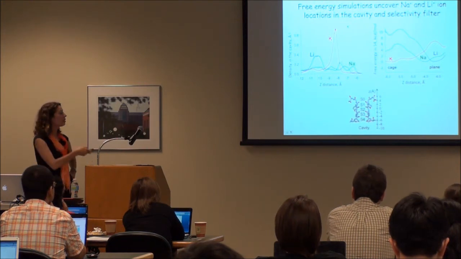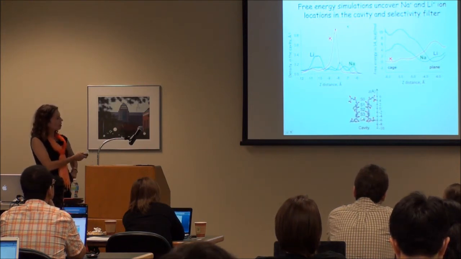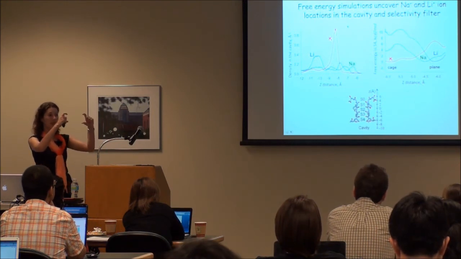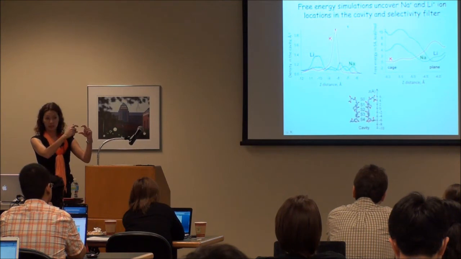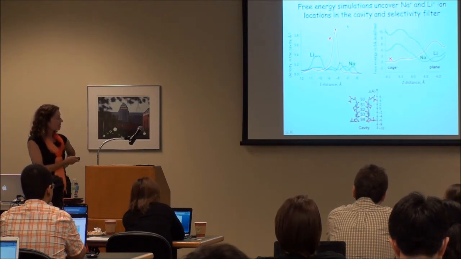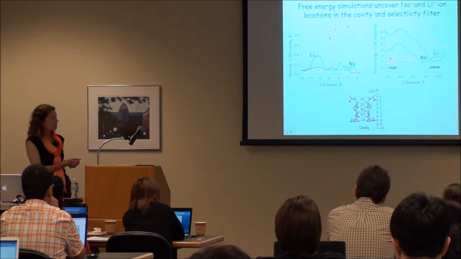So remember how if you put a sodium ion in here, it's too far away from the carbonyls, right? And the core can collapse to coordinate the sodium. Well, the binding site for sodium is here, in between the S3 and S4 binding sites, right in the plane of these carbonyls. Instead of being in the cage coordinated by those 8, it's up a little further, and these things are actually closer, right?